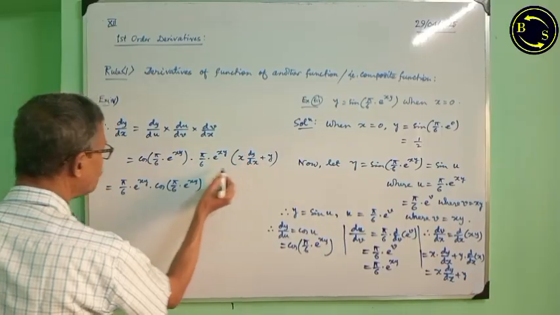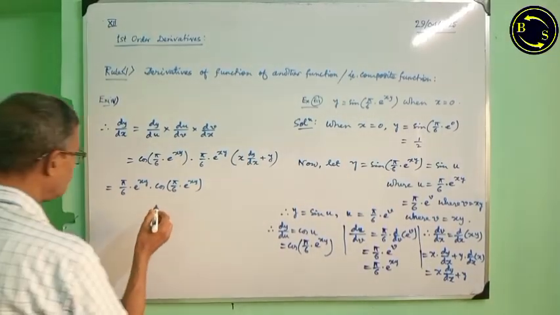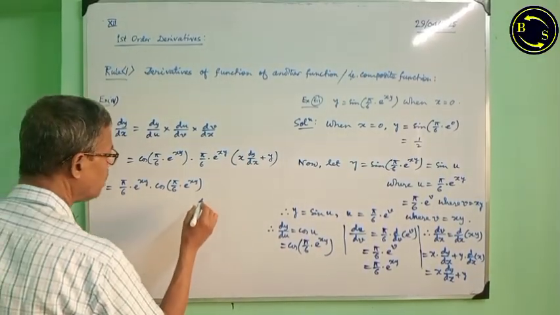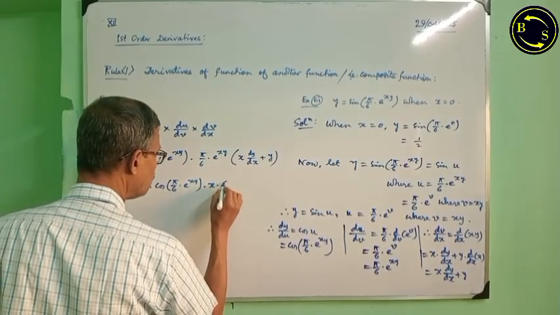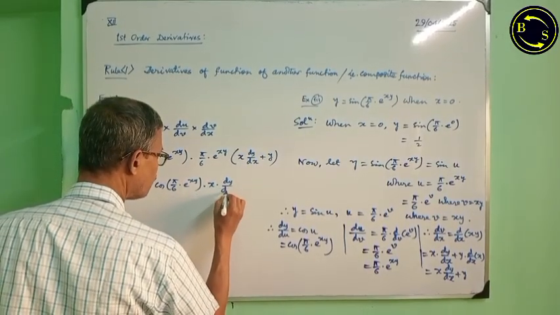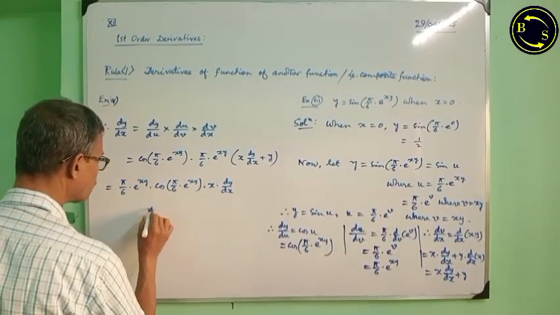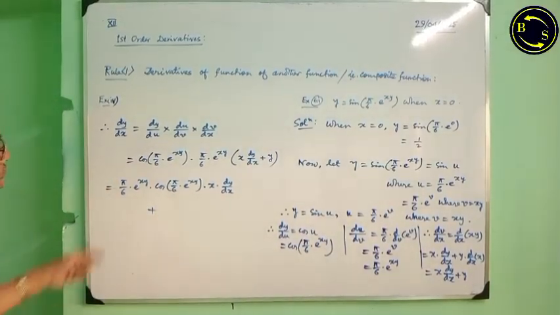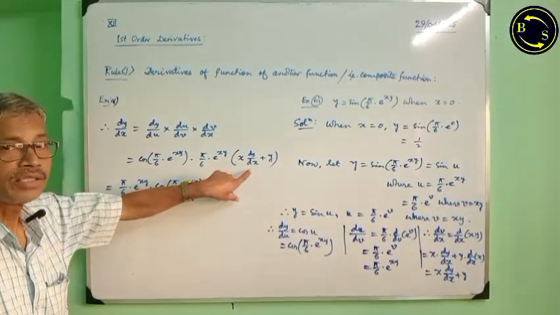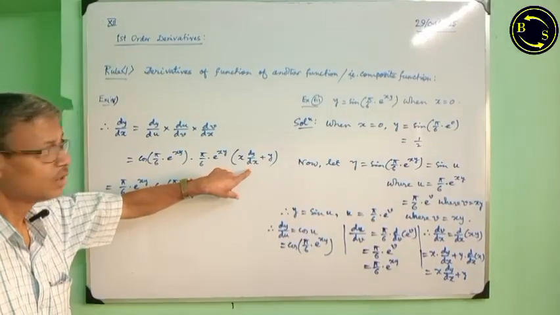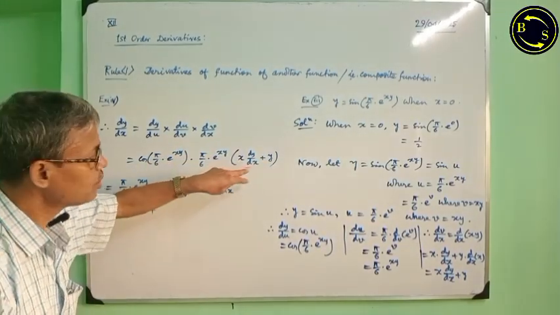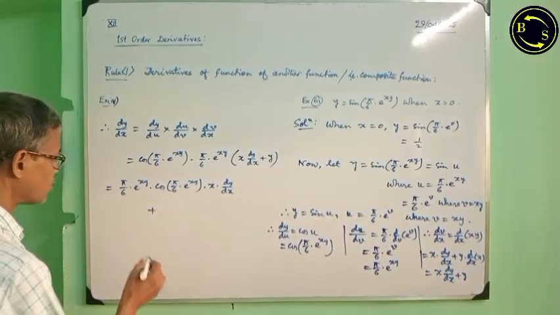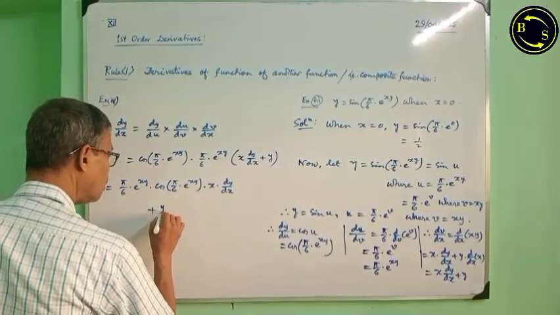This part into whole, therefore there will be x dy by dx plus y. Here we see dy by dx is also there on the right part. For that I multiply this with each term within the brackets first.